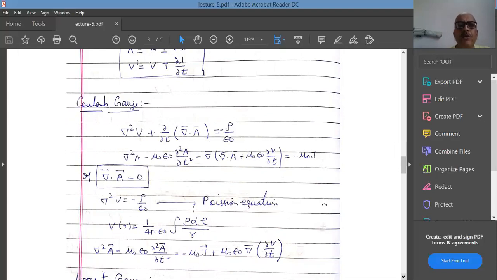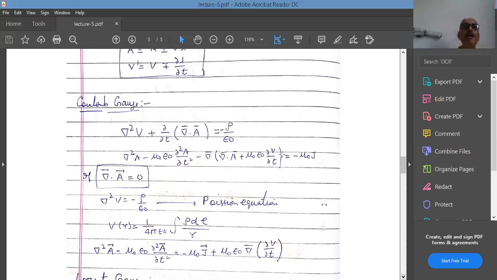So once we know the value of B by imposing this Coulomb gauge condition from equation number 3, we can substitute it into the next equation, because that is the only hindrance there. Once we know the value of B, the entire equation is in terms of A, and we can solve it in principle, although it's very difficult.